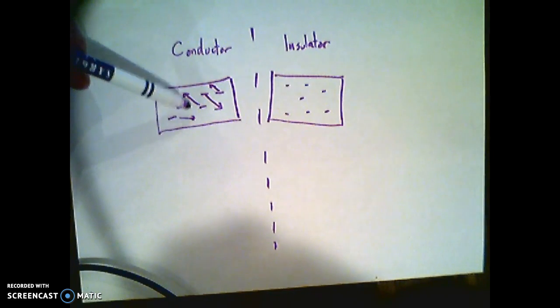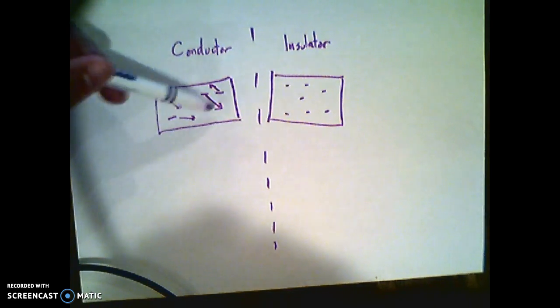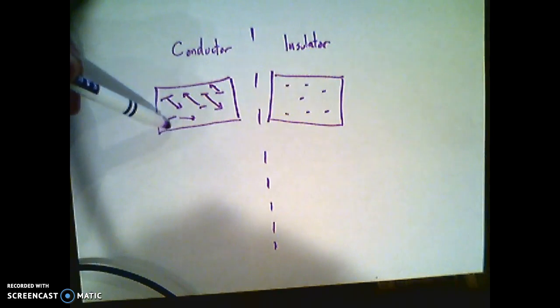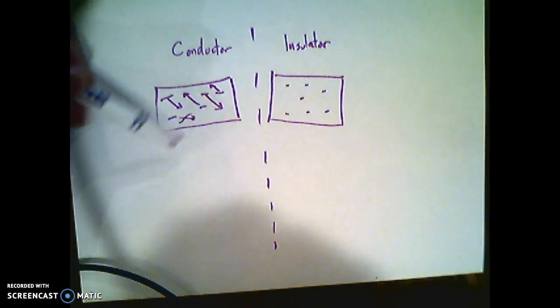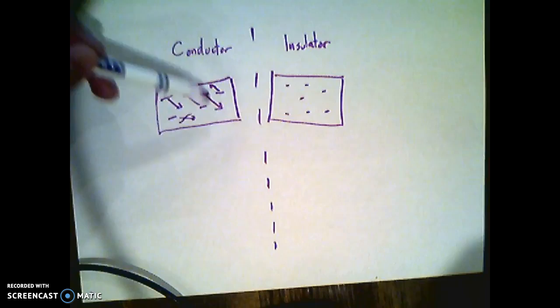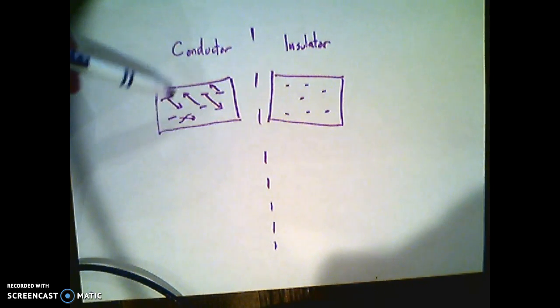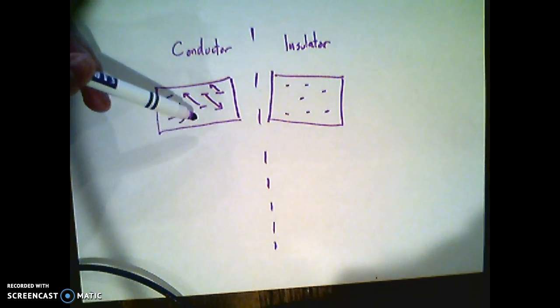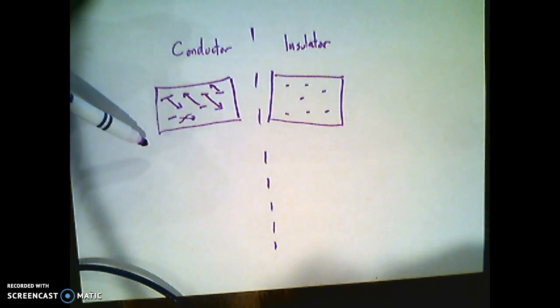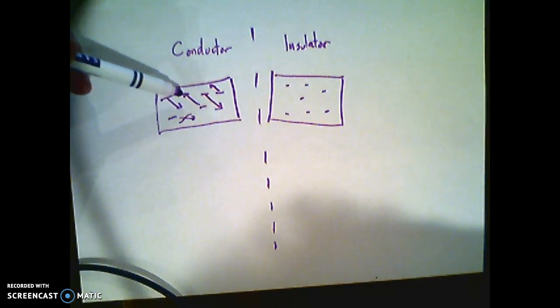In a conductor, conductors are materials where the electrons just dance around all over the place. Going from one place to the next, just kind of a huge party over here. And so conductors are materials that, because electrons can move freely, conduct electricity.